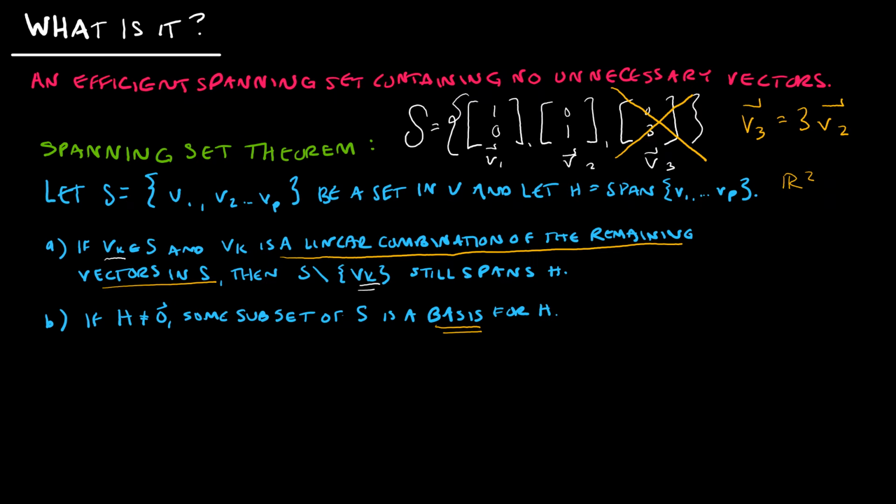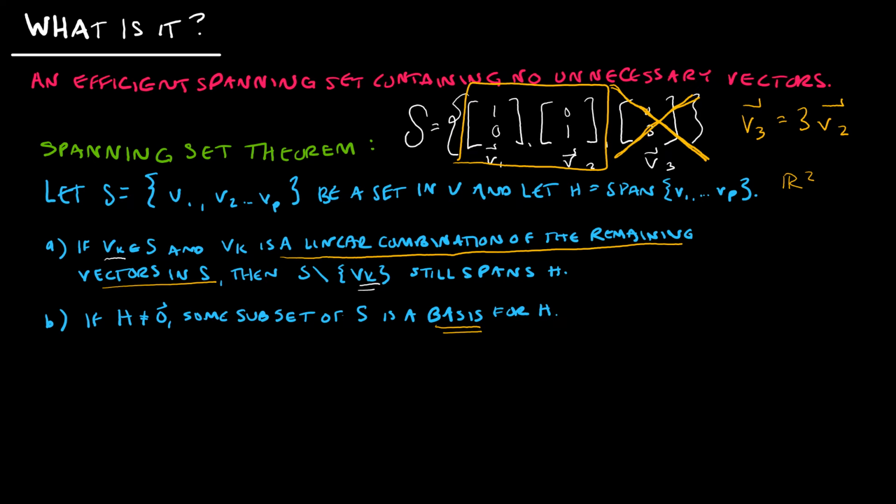That's what we're talking about here: if I take out this one vector, what's left over is still going to span the same region, and as a bonus, those are linearly independent and therefore form a basis for H. Great. So let's look at what that means in proof form.